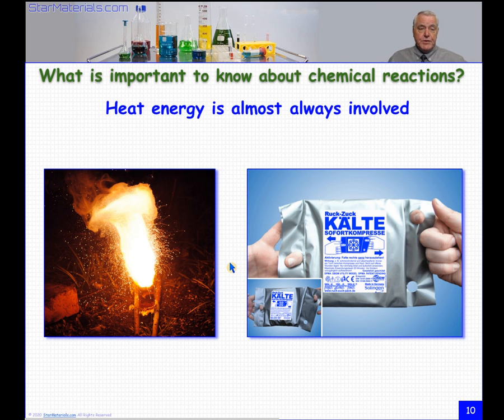Heat energy is almost always involved. Energy is sometimes given off in a reaction. It's called exothermic. Thermic meaning heat, temperature. Thermometer, remember? Exo meaning to give off or to leave.